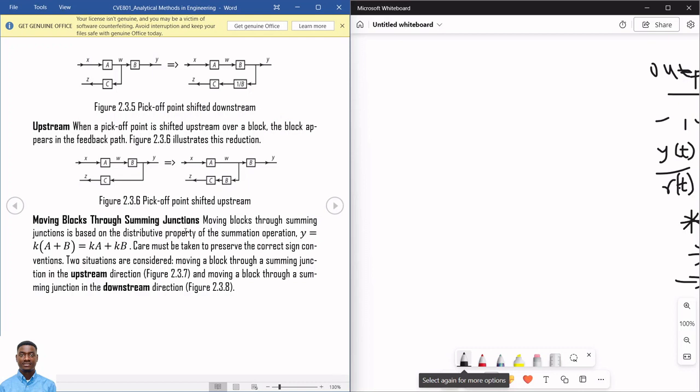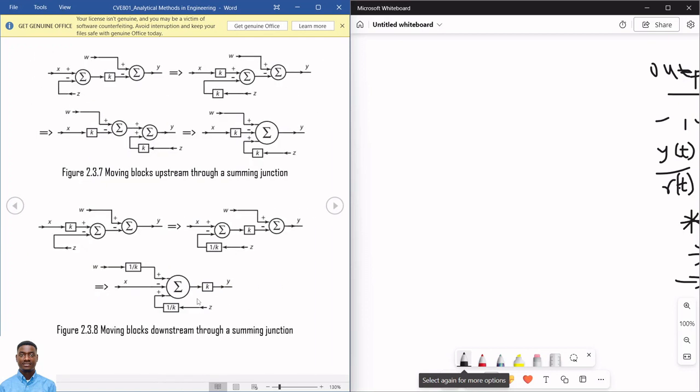In the same manner, you can either move the block downstream over the summing junction or upstream over the summing junction. Let's look at figure 2.37 and 2.38. No, this is 2.37. This is 2.38. Now we have this summing junction. These are summing junctions.